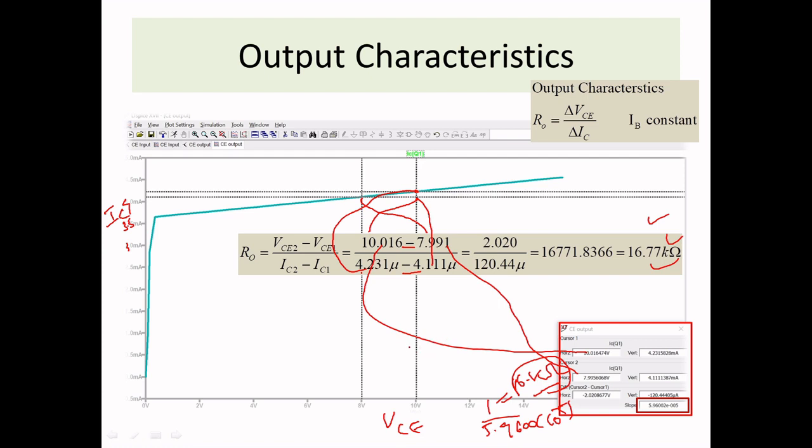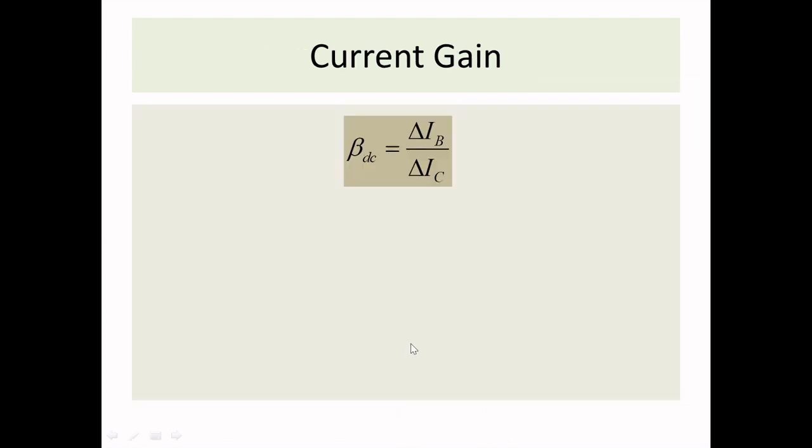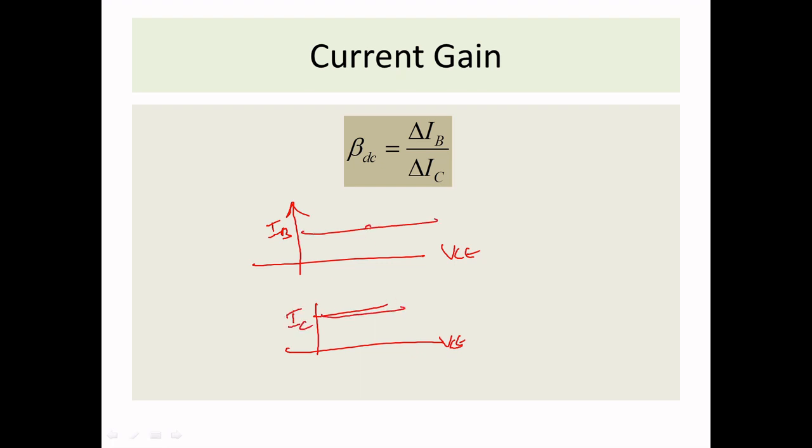I hope you understood, right? Now I want to calculate the beta current. You can plot VCE versus IB, and similarly VC versus IC. Take one step and divide the changes of these two values, that is output current by input current.